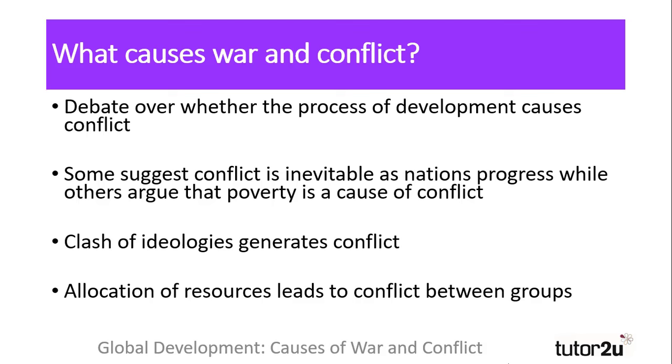Others suggest that clashing ideologies often generate conflict, either between nations or between competing factions within a nation. Furthermore, the process of development itself is seen as a source of conflict, particularly when resources are allocated to one group but not another.